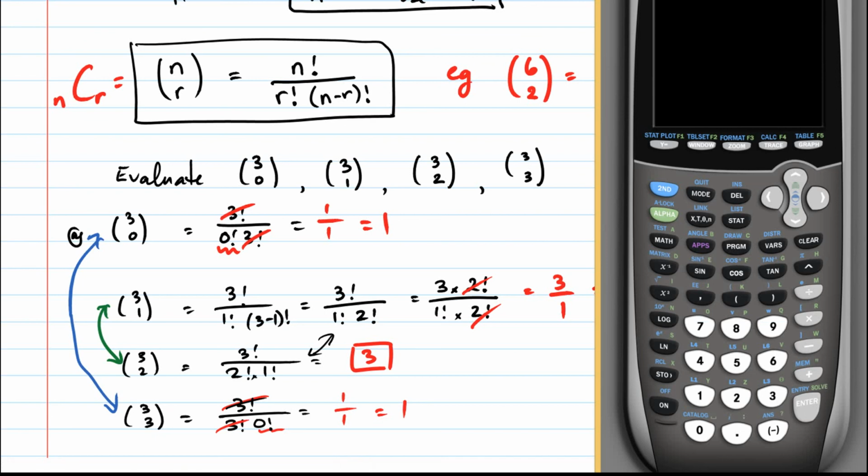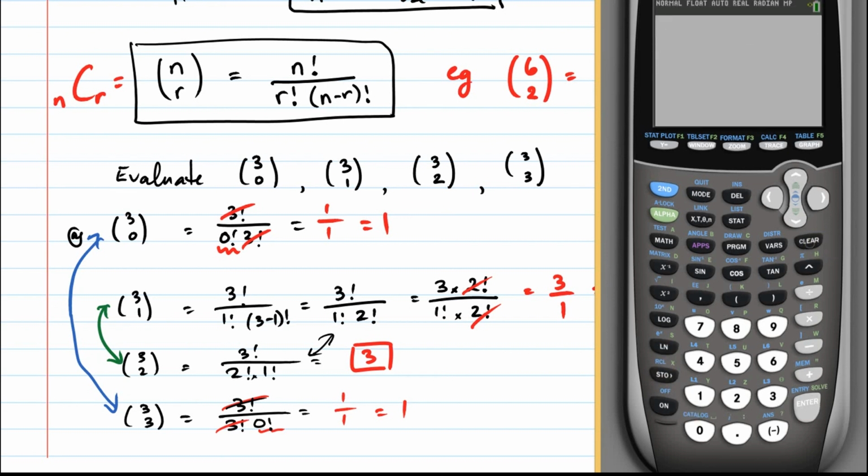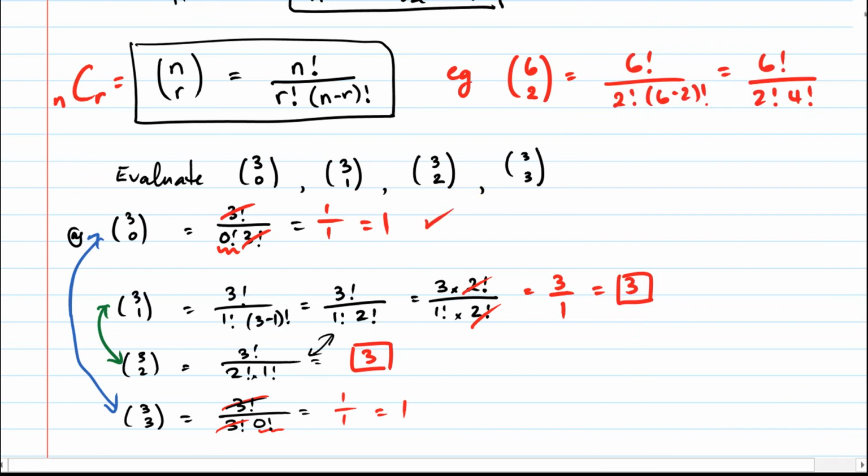Let's see what we have. Turning on our calculator, there we go. We can put in 3, math, go to the probability region. We are looking at number 3, nCr, and I'll choose 0. Press enter. I got 1, which is exactly what we got here.